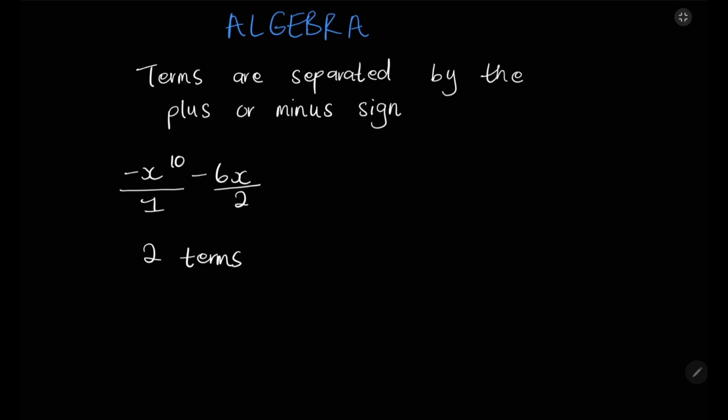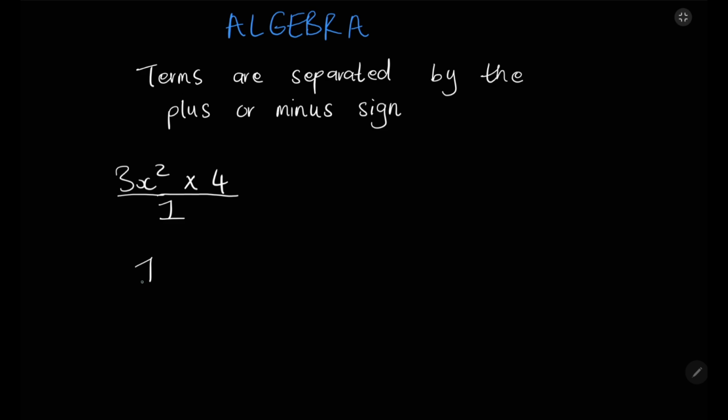Now what if you had, let's try 3x to the power 2 times 4. How many terms do you have here? You have 3x to the power 2 times 4. So this is just one term. Okay? Remember, terms are separated by the plus or minus sign.